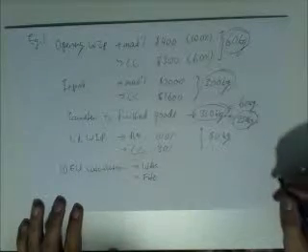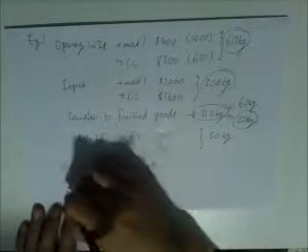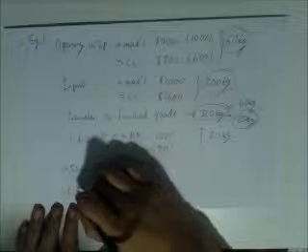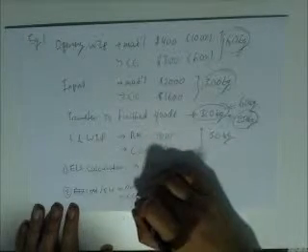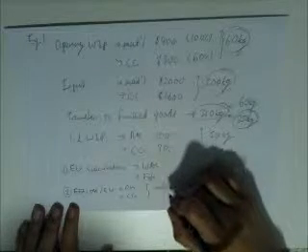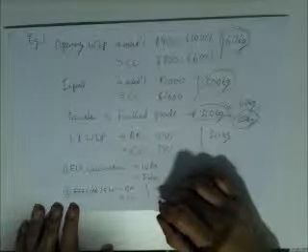And next, I'm also going to demonstrate how you find the cost per equivalent unit for raw material and also conversion cost, for both methods, weighted average and first in first out.